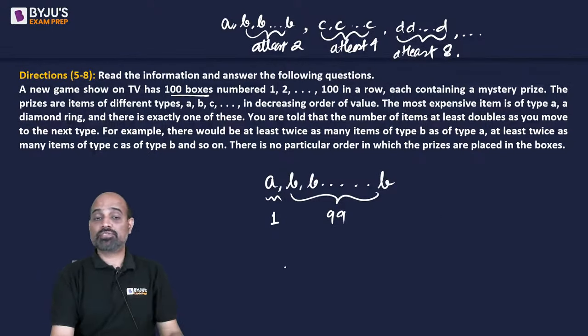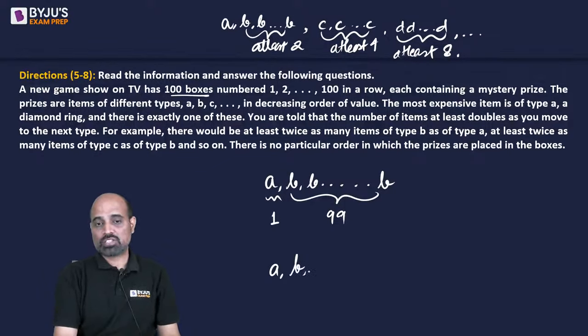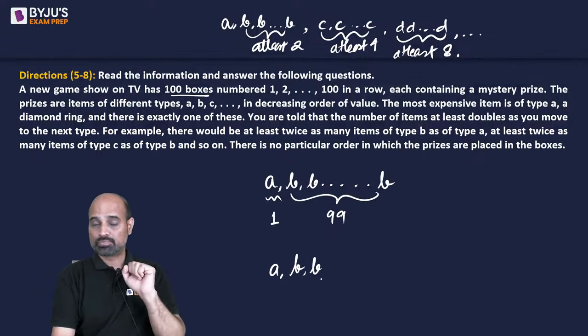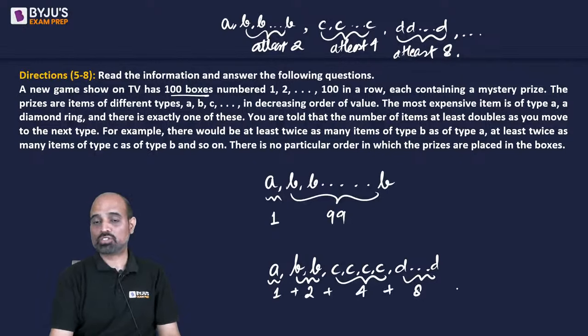The other extreme value would be where we restrict it. A is going to be 1, then B is going to be exactly 2. Then C is going to be 4. Then D is going to be 8. Okay. So we will keep a count as well. 1 box plus 2 boxes plus 4 boxes plus 8 boxes.